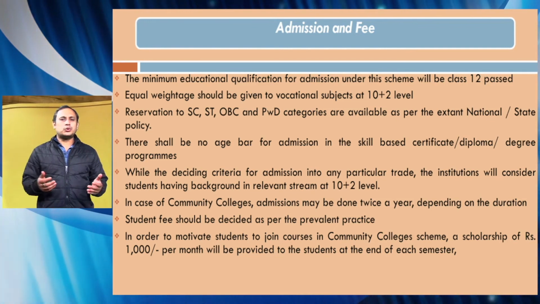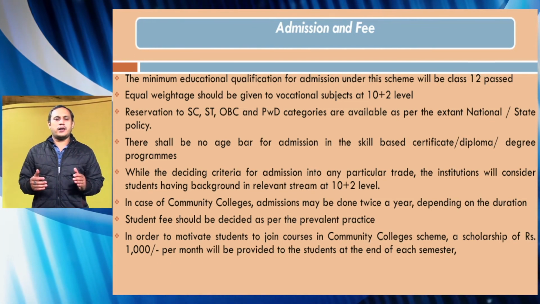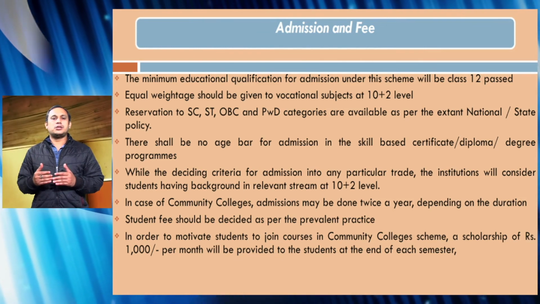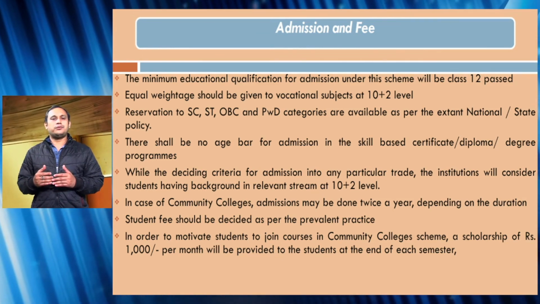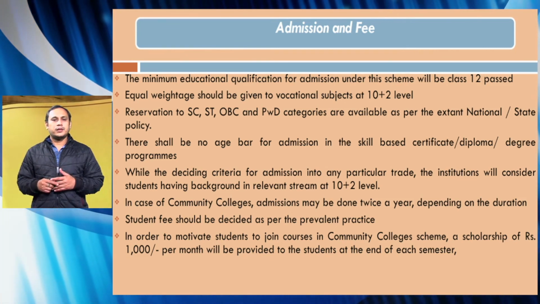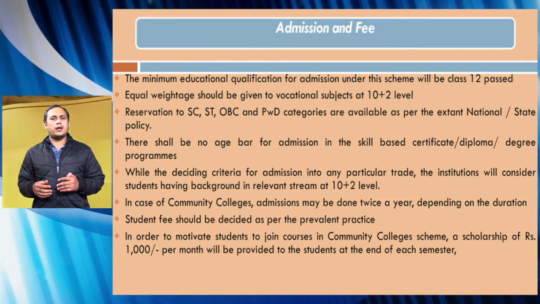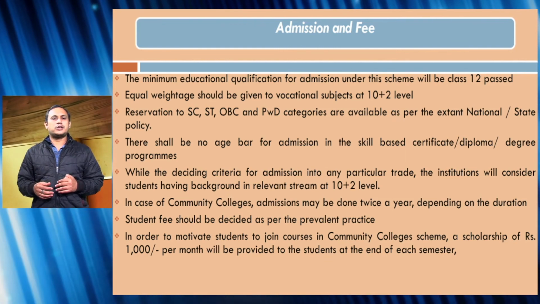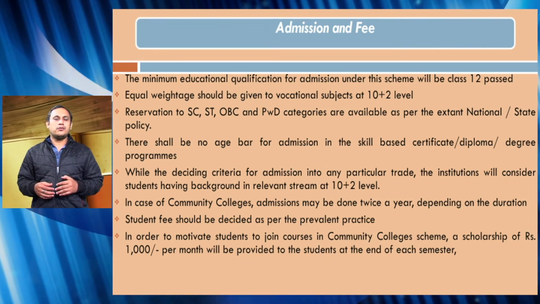Again, the fees for students should be decided as per the prevalent practice for fixation, taking into account the sustainability of the program. So attempts should be made to recover part of the expenditure under the scheme from student fees.